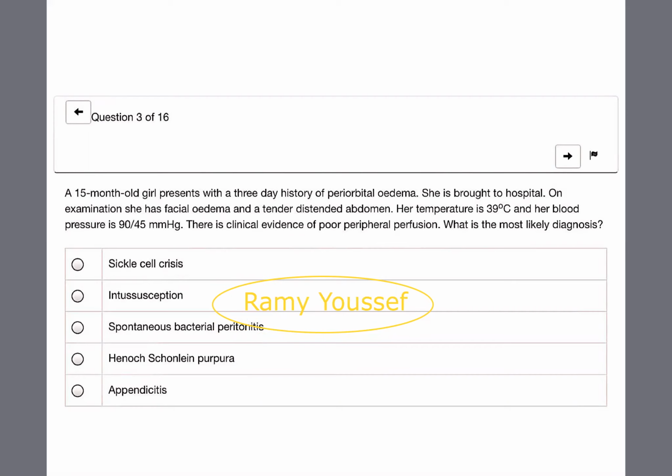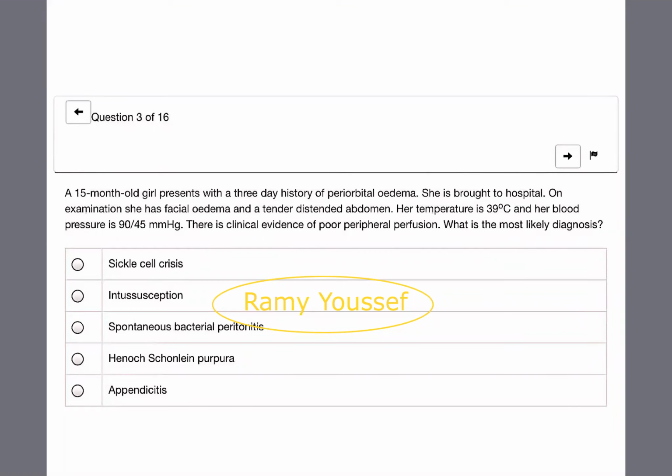So this is a young girl. She has periorbital edema at a young age. On examination, it looks like nephrotic syndrome. Exactly. Yes. Tender distended abdomen, temperature 39. I will choose C, spontaneous bacterial peritonitis.